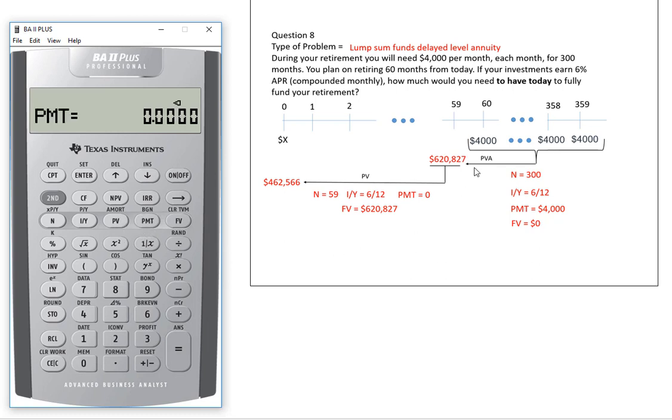Payment is 0 because we've already converted the payments into a lump sum. And our lump sum is $620,827 in future value. And so we compute the present value, we get $462,566. And that's how much you would have to deposit today to fund these cash flows.